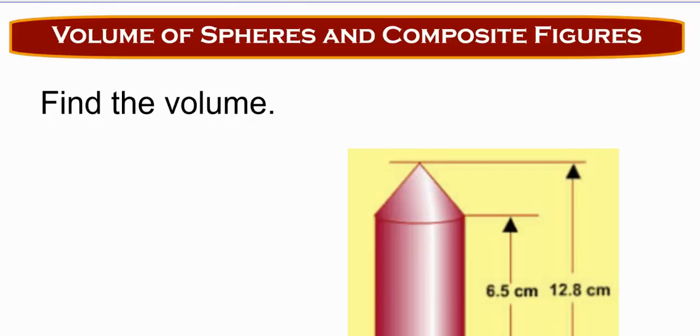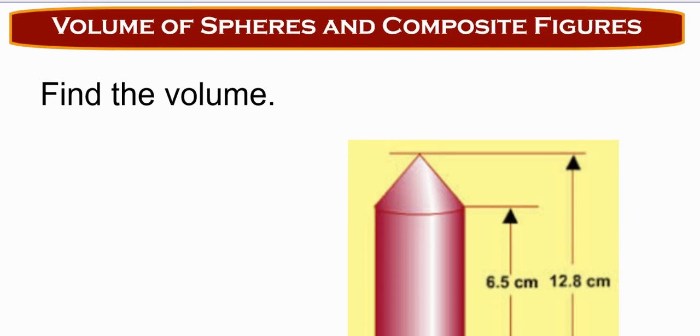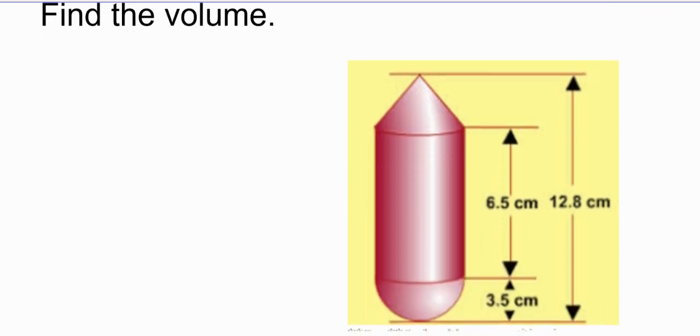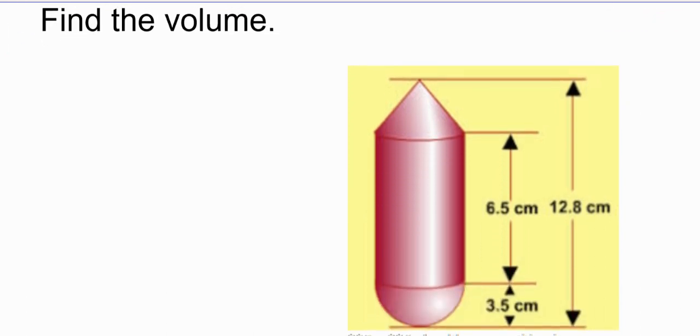And then we have a few composite figures to just end this lesson with. So this first one, it looks like we have a piece that is a cone. We have a piece that is a cylinder.